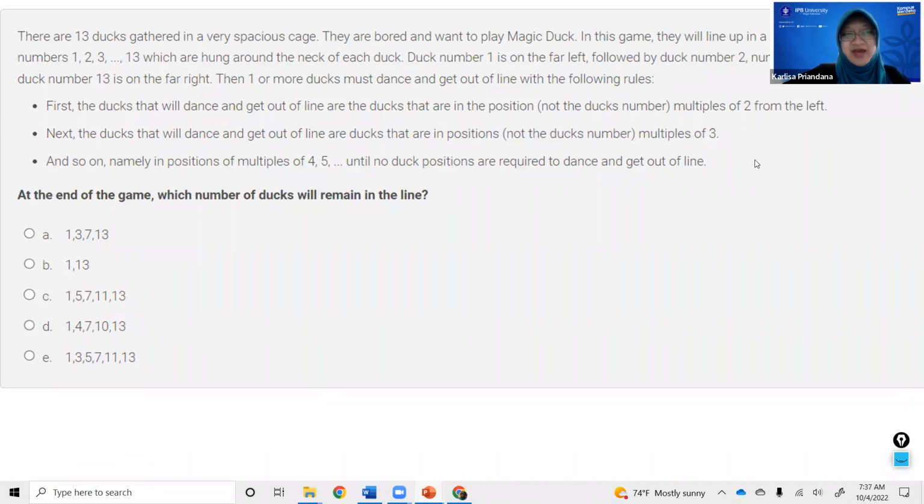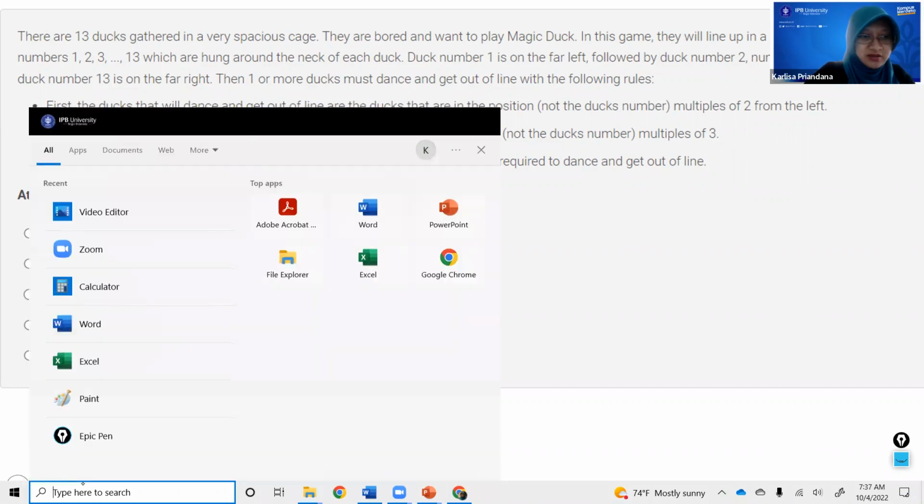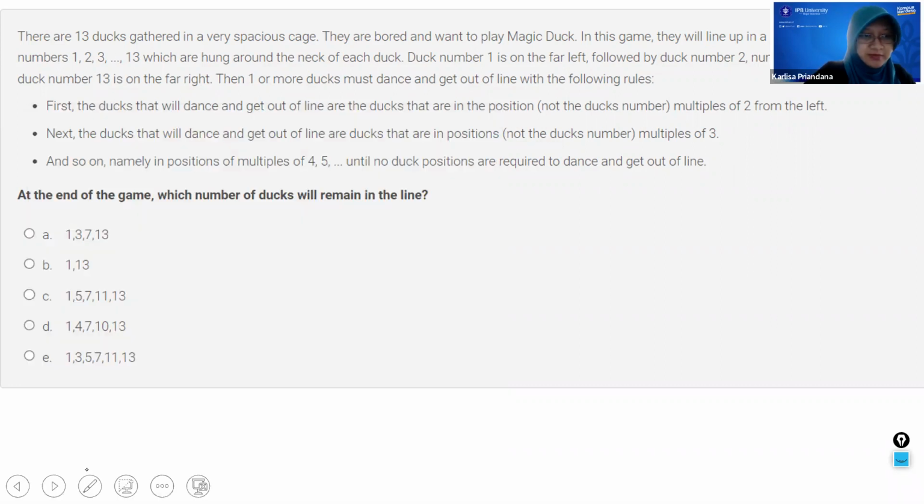So as with the previous problems on rubric 3 and 4, the main thing here is to understand the rule of the game. Okay, so this is the rule of the game basically.